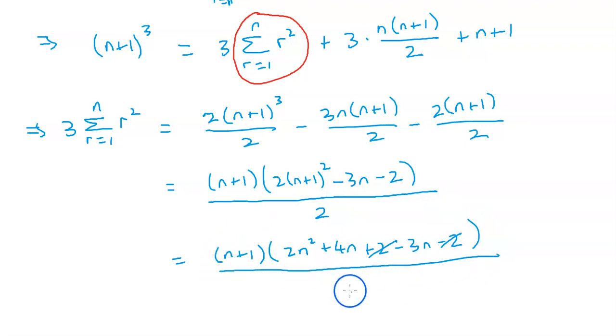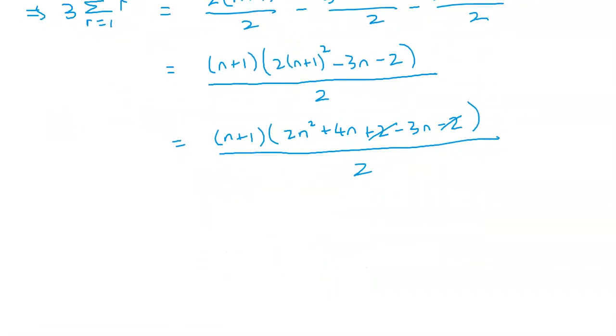The whole thing divided by 2. One more. I'm sorry, I'm always really slow with these. So it looks like n plus 1 times 2n squared plus n. So we can factor out an n. So 2n plus 1, and the whole thing is divided by 2.